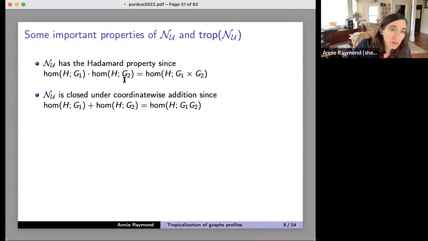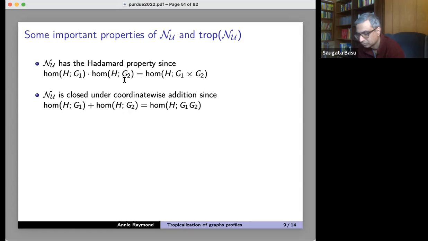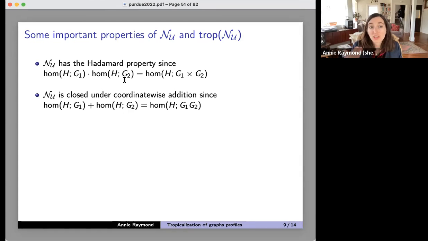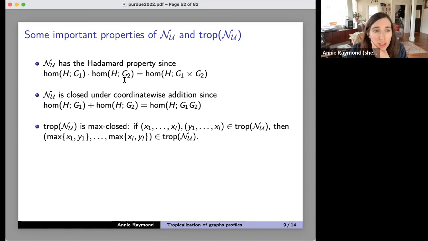It's also closed under coordinate-wise addition, since the number of homomorphisms of H in G1 plus the number in G2 is also the number of homomorphisms of H in the graph where G1 is one component and G2 is another component.